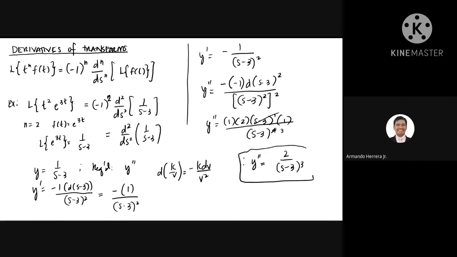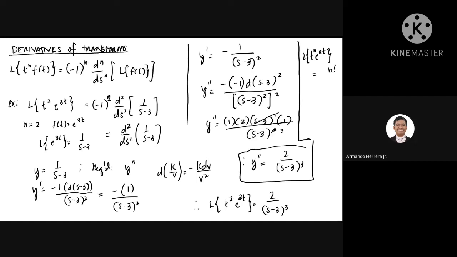So this must be the answer to the Laplace transform of t squared e to the 3t. Therefore, the Laplace transform of t squared e to the 3t is equal to 2 over s minus 3 cubed, which we can verify using the formula: the Laplace transform of t to the n e to the at is equal to n factorial over s minus a raised to n plus 1.